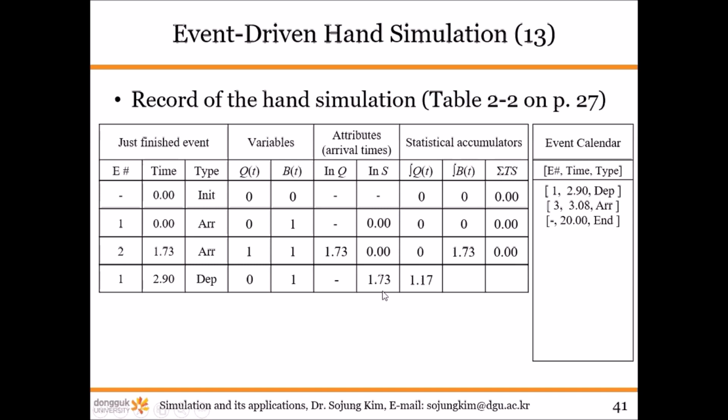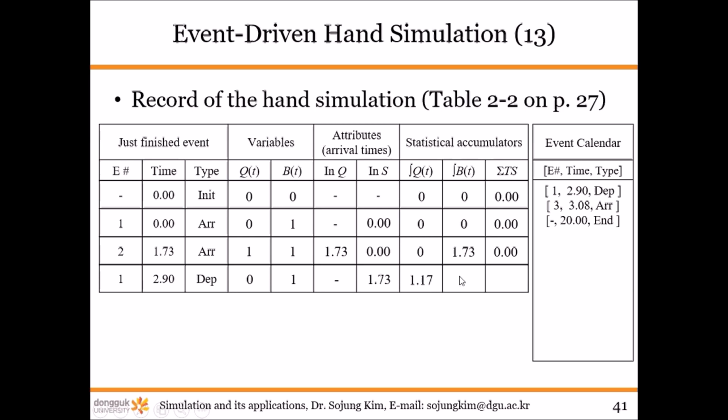And the Qt value will be 1.17, because if you subtract 1.73 from 2.9, it's 1.17, right? And then times 1, so the total waiting time in the queue will be 1.17.